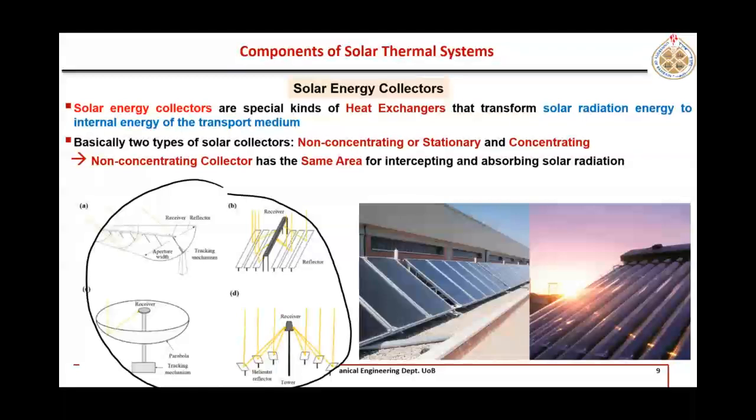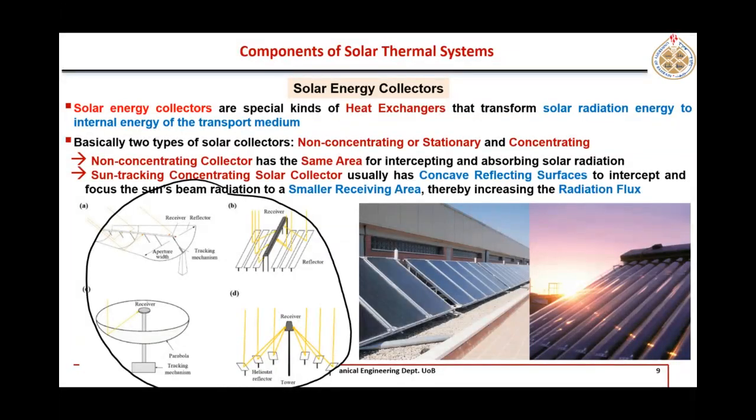So these types of concentrating collectors have one limitation or restriction, that they can only be used for beam type radiation. But they can give us very high temperatures, because we are concentrating a large area onto a very small area. Whatever radiation is falling on that large area is now made to concentrate on a very small area.